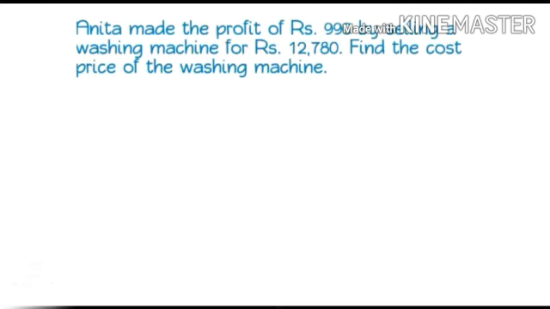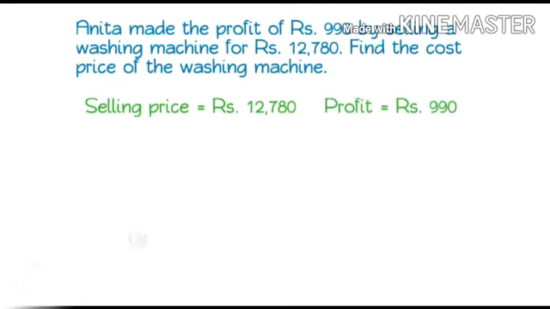Anita made the profit of rupees 990 by selling a washing machine for rupees 12,780. Find the cost price of the washing machine. Given that selling price is rupees 12,780 and profit is rupees 990.